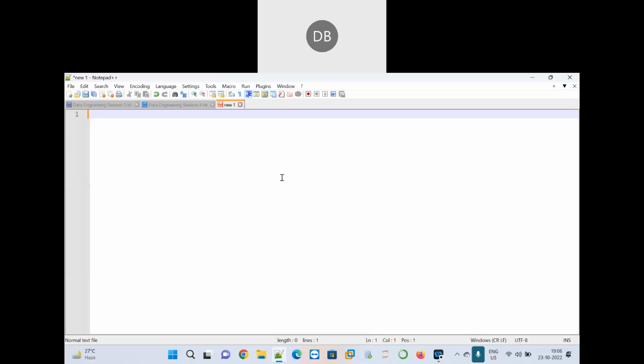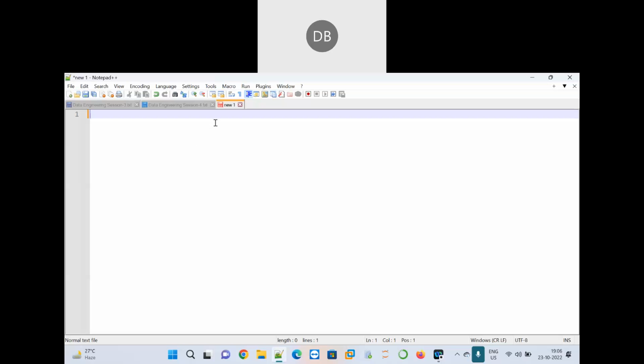Then by using any processing tool like Pig, Hive or MapReduce and so on, we can process those data. That means the logic will move near to the data where it is stored in the HDFS file system.